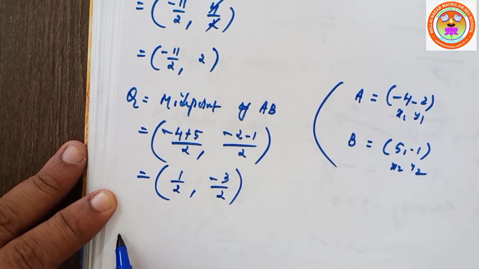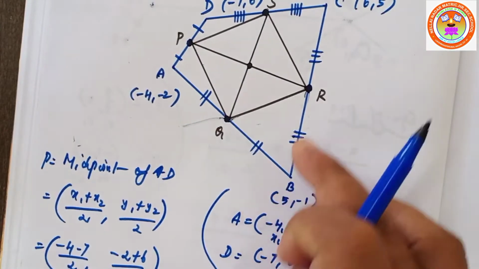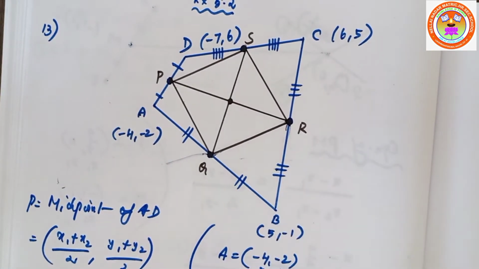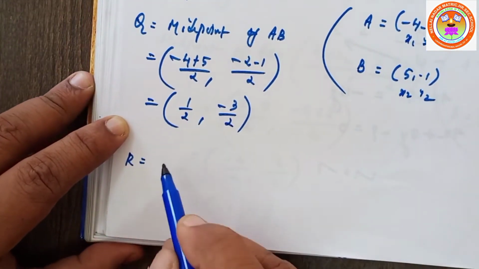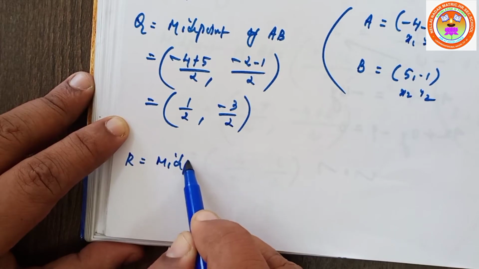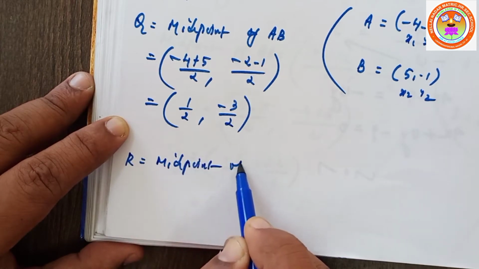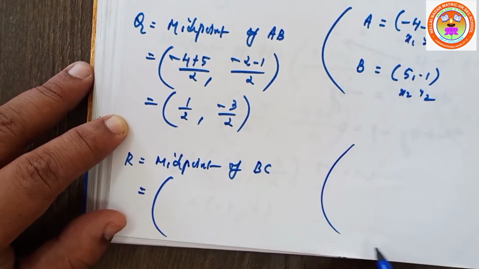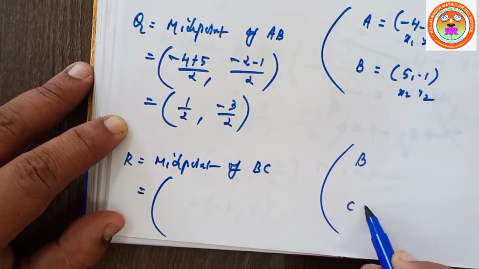Now R is the midpoint of BC. So R is equal to the midpoint of BC. B and C points I write over here.